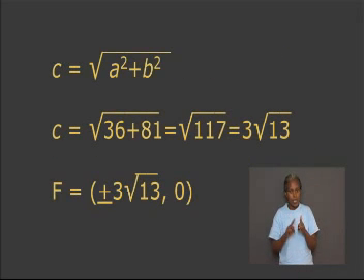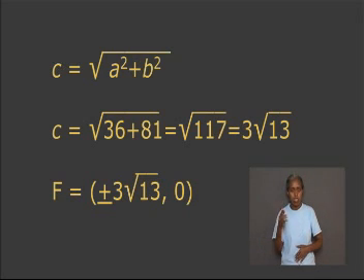Finally, to find the location of the foci, we must use c equals the square root of a squared plus b squared. By substitution, this gives us c equals the square root of 117.